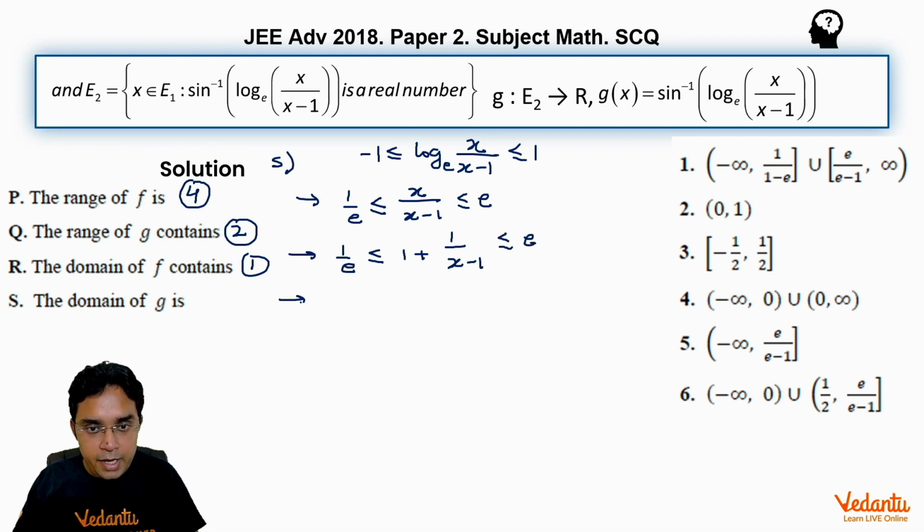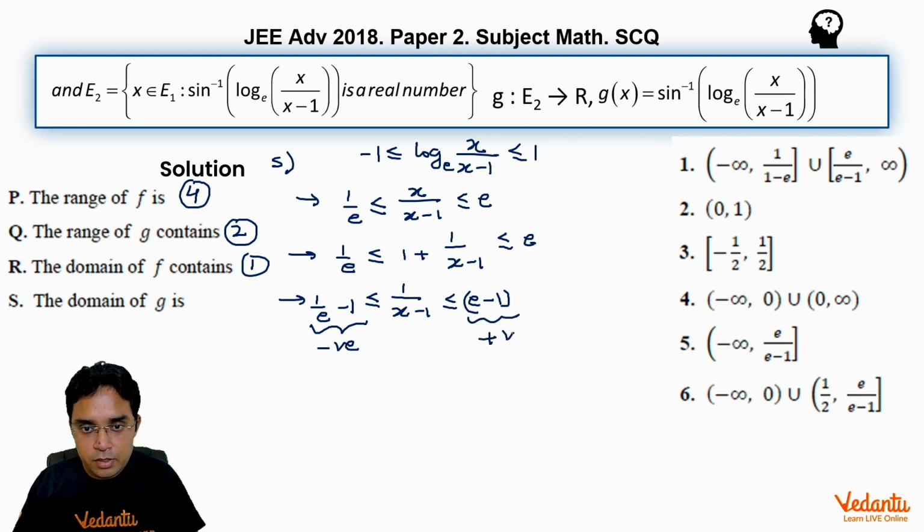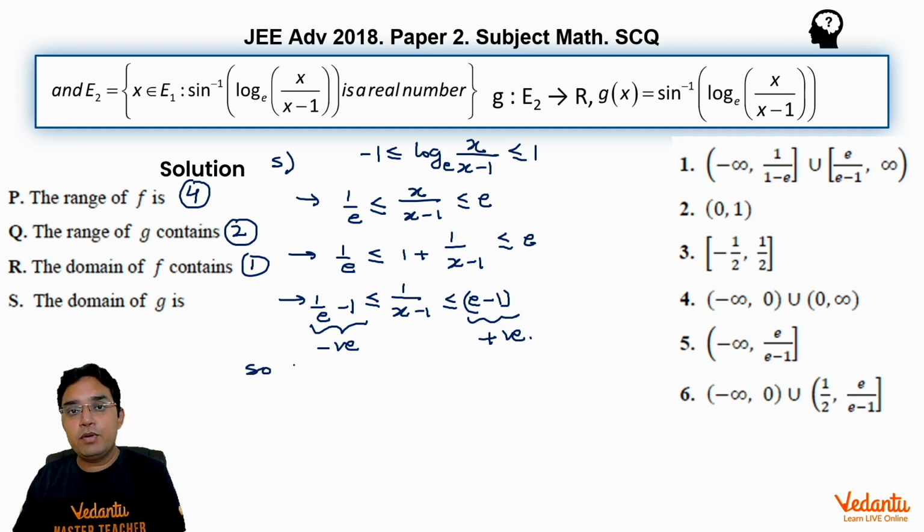Okay, so we get this 1 upon x minus 1 to be less than e minus 1 and greater than or equal to 1 upon e minus 1. Now the important thing to notice here is that this is negative and this is positive, which means it will include 0 also, but 1 upon x minus 1 cannot be 0. So it is better that we split this equation in 2 parts.